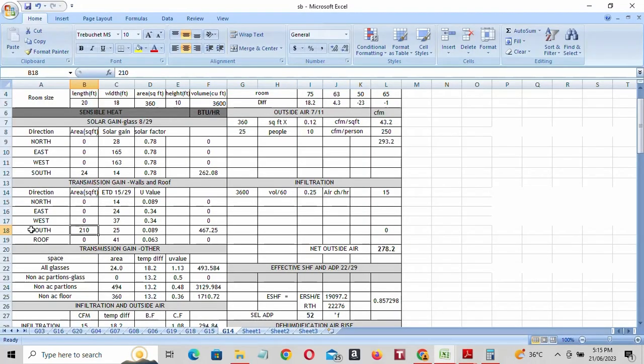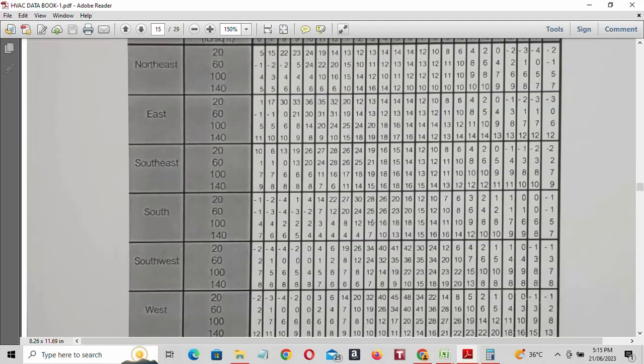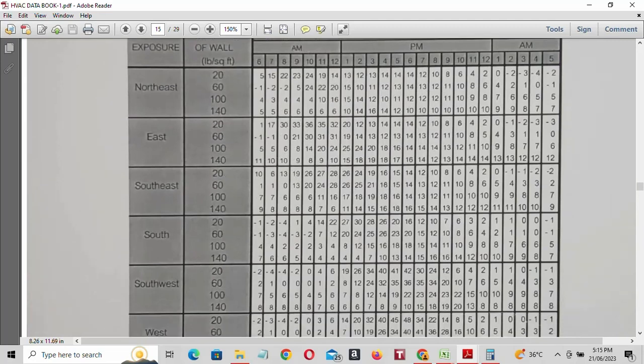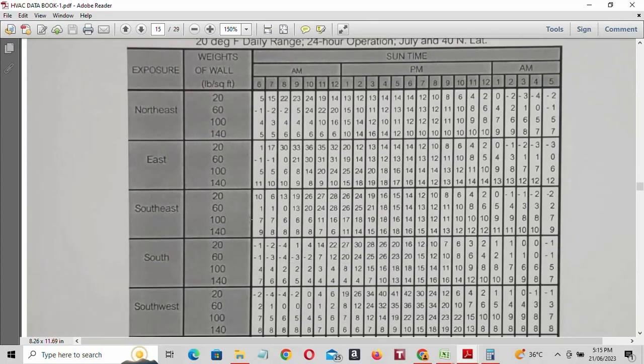So here 210. Next is equivalent temperature difference, that I will show from the data book. So here this is the equivalent temperature difference.